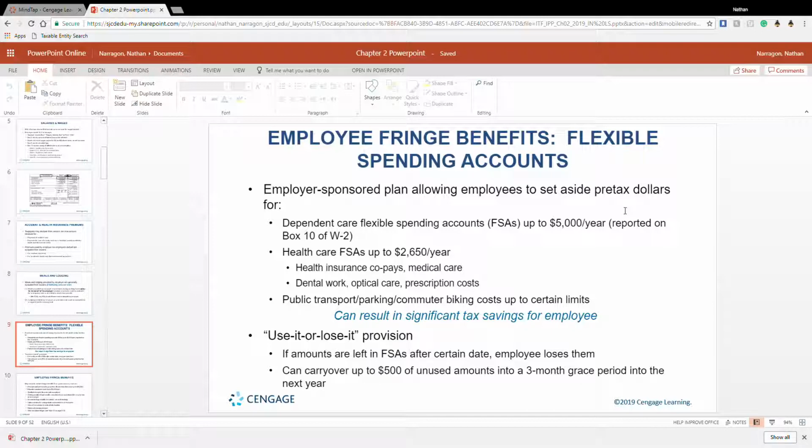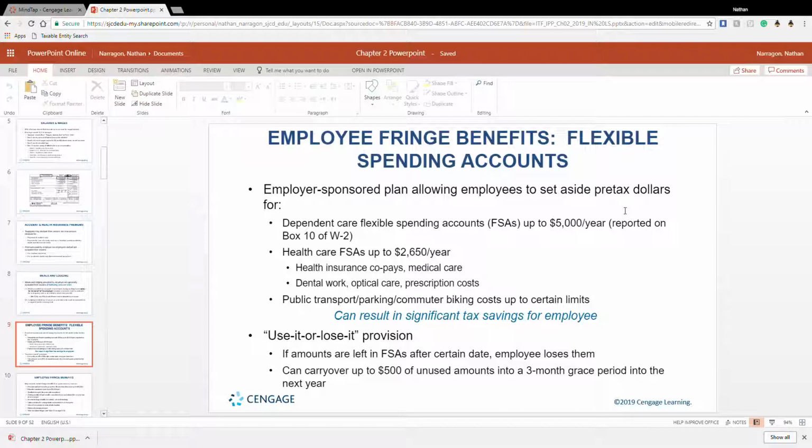All right, so now we're getting more into fringe benefits. Fringe benefits are basically benefits that are applied to you for the job you take. These are special little incentives to have this job, where the employer takes care of you. One is called flexible spending accounts.